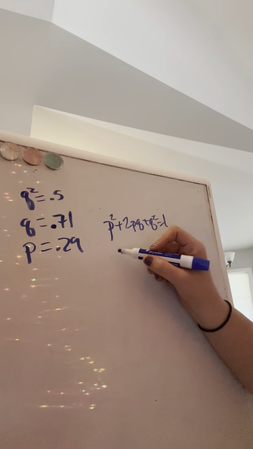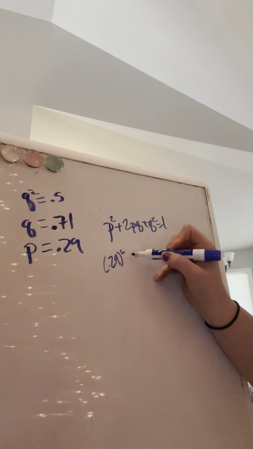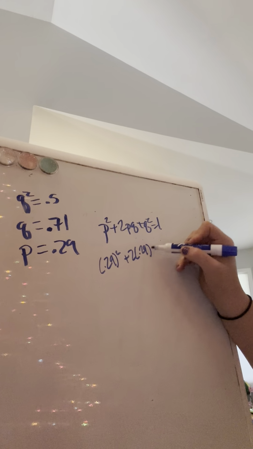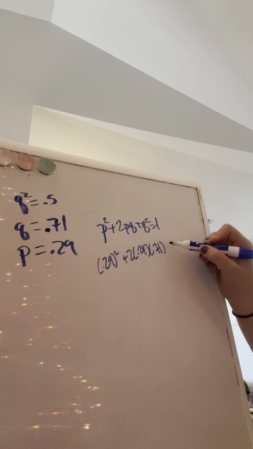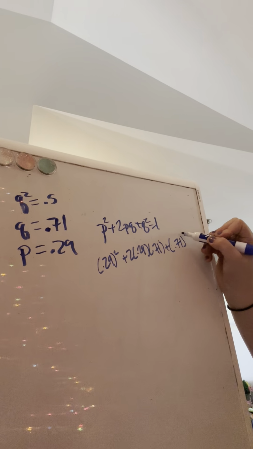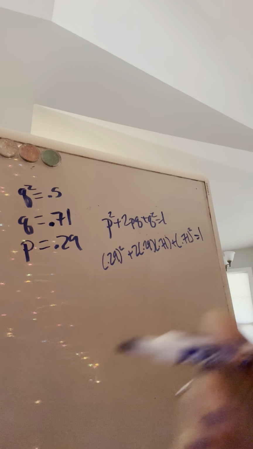All right. 0.29 squared plus 2 times 0.29 times 0.71 plus 0.71 squared. All right, should equal 1.